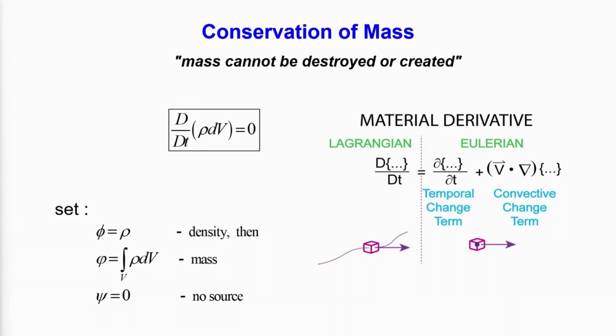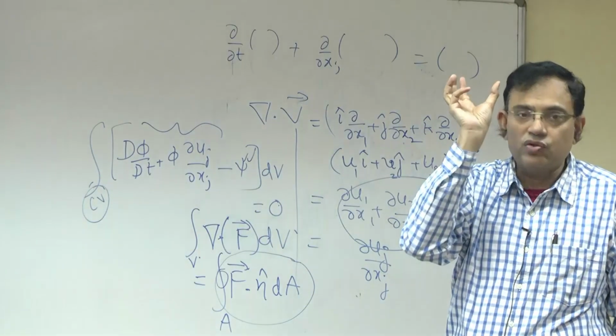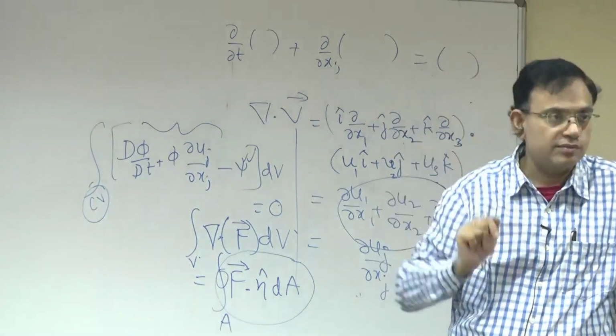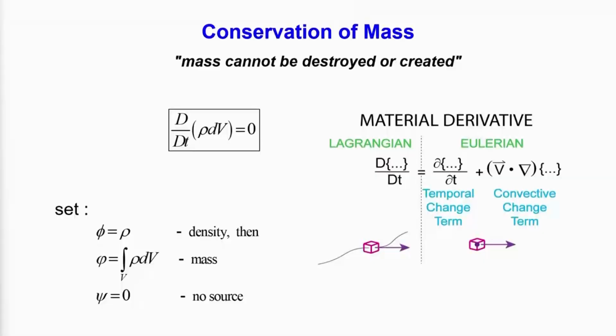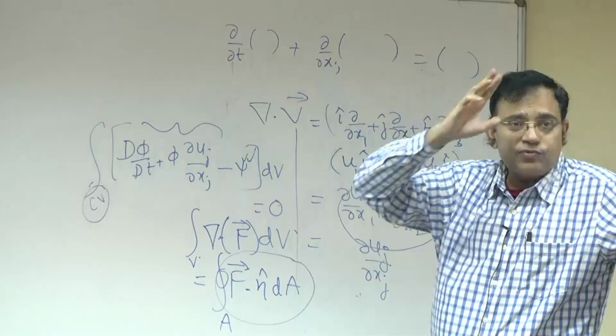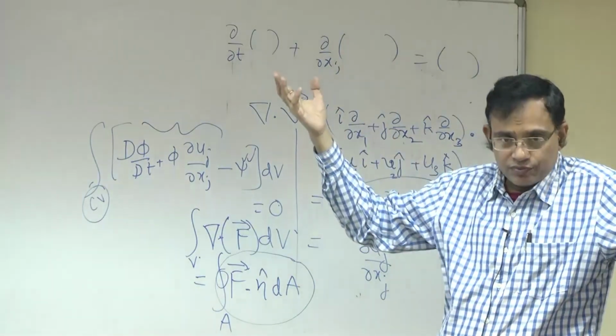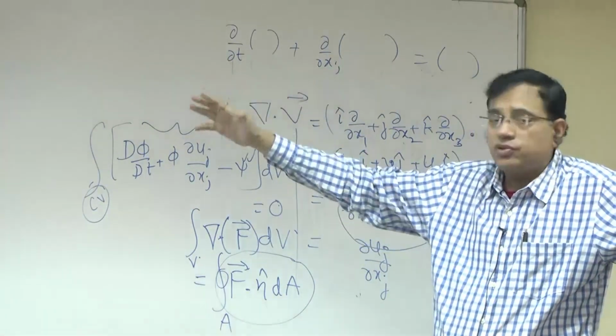That is the Lagrangian way of looking at it: you have a control mass, and that control mass's mass is not changing. On the right hand side is the Eulerian, which I have written in green color. Now you are describing it with the help of two types of derivatives, one is the partial derivative with respect to time and the other is the partial derivative with respect to position.